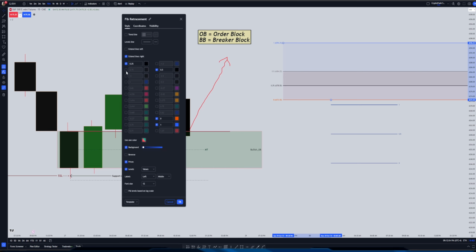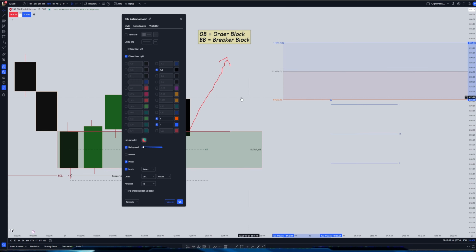Just select any of these and put 0.25, 0.75, maybe a 0, a 1, a 0.5, just the way I have here, like 1, 0 and 0.5. I don't need the 25 and 75, but I kept it here so that in future if I need, I can just come and tick it to see where price is reacting from and what is the actual price on that level, just because of that.